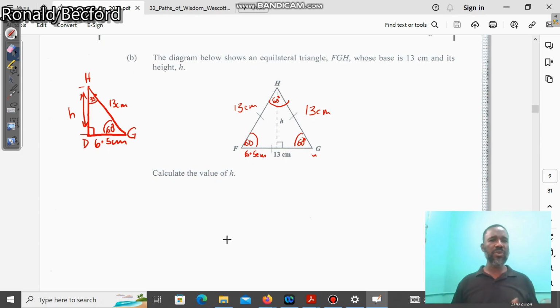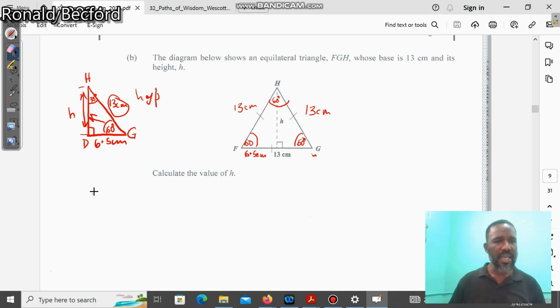So that much we know. If we are going to use the trig ratio, we know that this side of the triangle is called, in this case, the opposite, because it's opposite this angle here, and this side is called the hypotenuse.